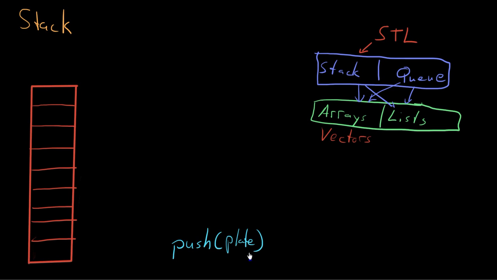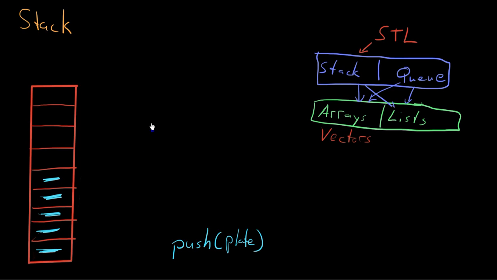We're going to push on there. I won't get into too many specifics just yet. Let's just say there's some method in the stack class called push. When we push, we're putting a plate right here. Imagine loading it in from the top, and it falls till we hit the first available memory address. And as we push plates, it just keeps on going up.